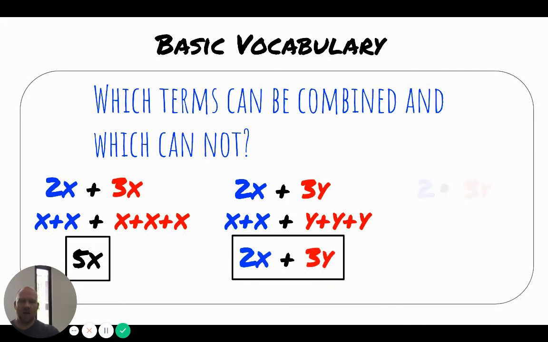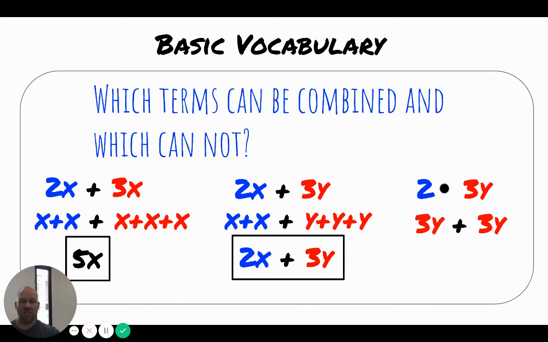But what if I was going to multiply? I've got a 2, which doesn't have a variable, and a 3y, which does. If I was going to do 2 plus 3y, I couldn't add those together because they aren't like terms. But what about multiplying? Multiplying means I'm grouping. So 2 times 3y means I've got 2 groups of 3y.